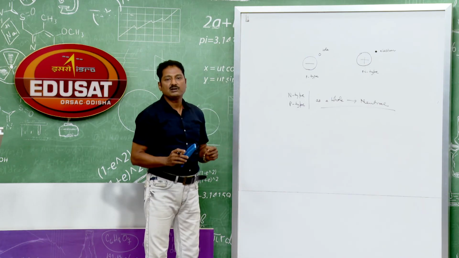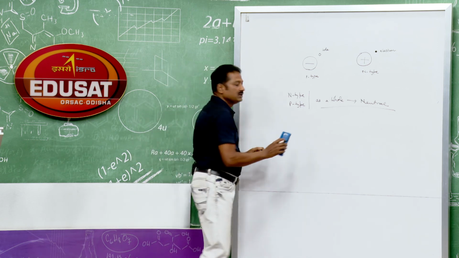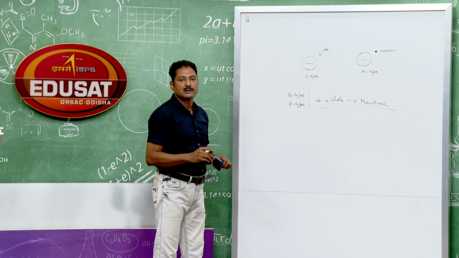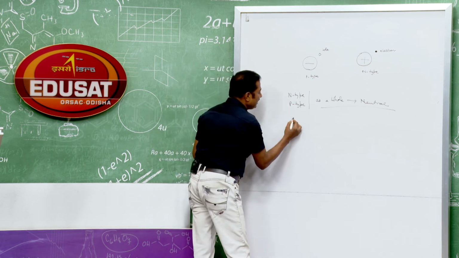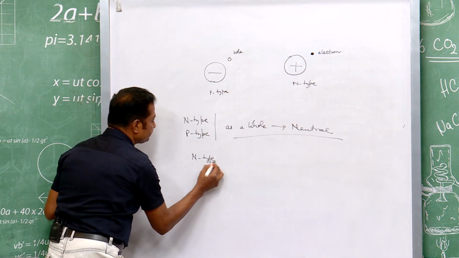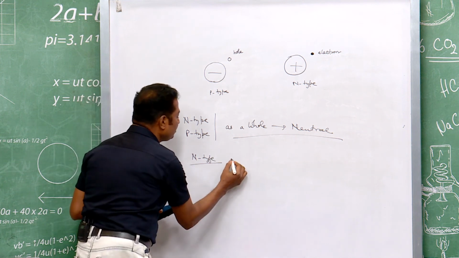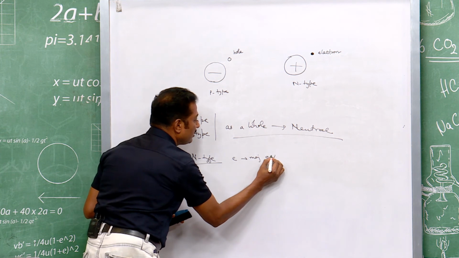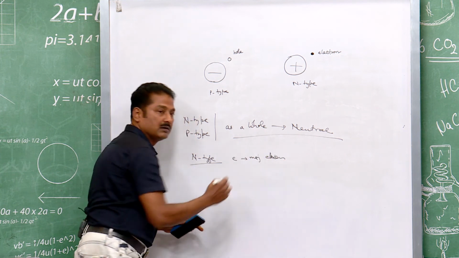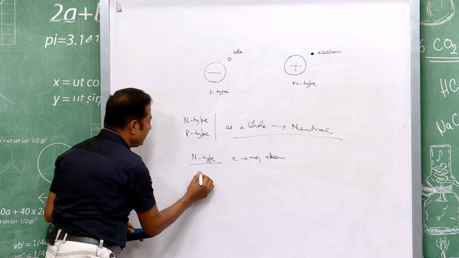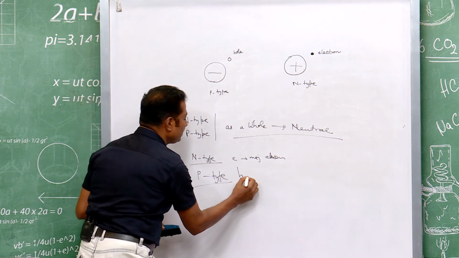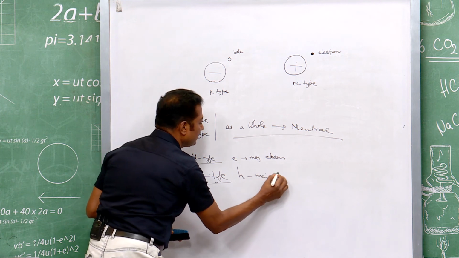For our semiconductor devices, we use the n type and p type materials. For n type material, the electrons are the majority charge carriers, and for p type semiconductor, the holes are the majority charge carriers.